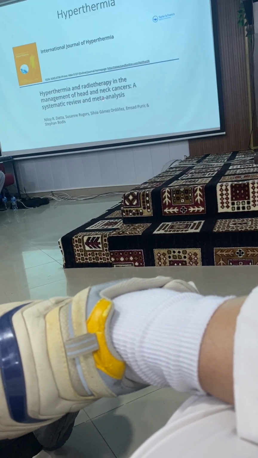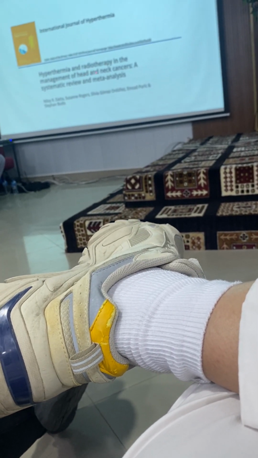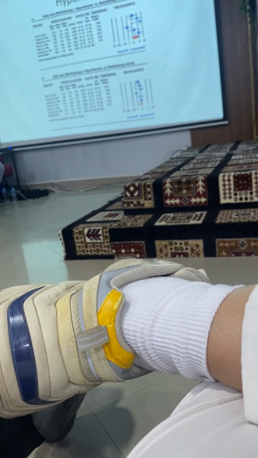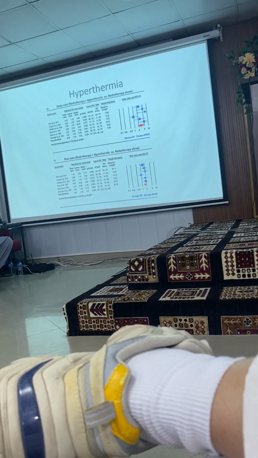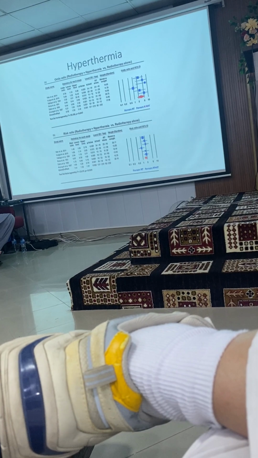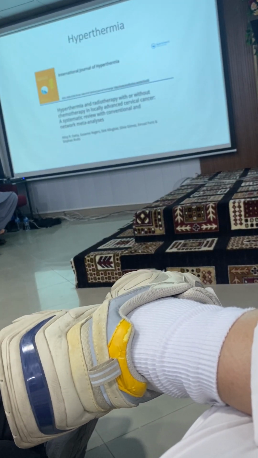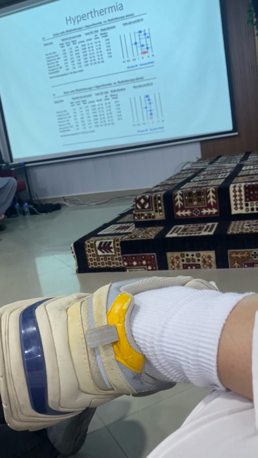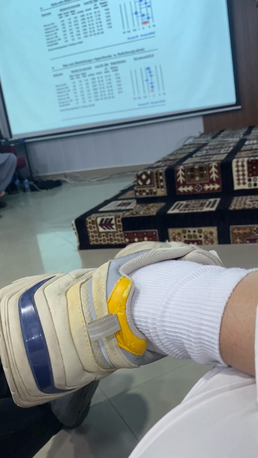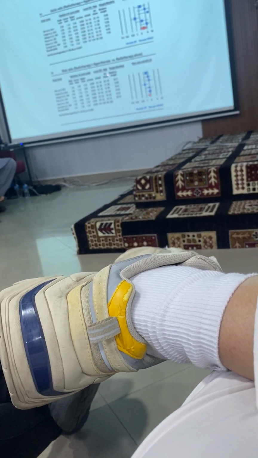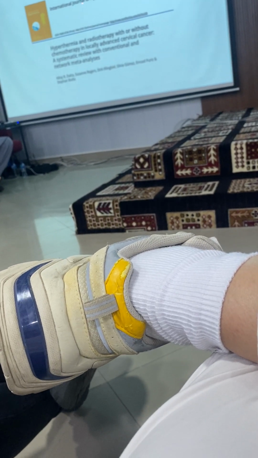This is a meta-analysis and systematic review of hyperthermia and radiotherapy in head and neck cancers. The forest plot favors RT plus hyperthermia, and the side effects are actually comparable. So there is not a significant increase in side effects. The local tumor control is much better with hyperthermia.